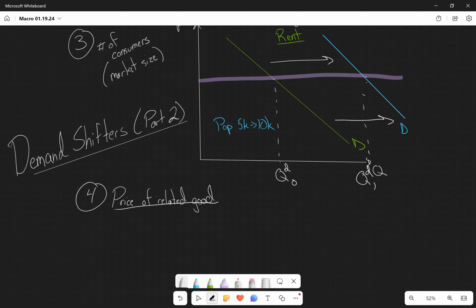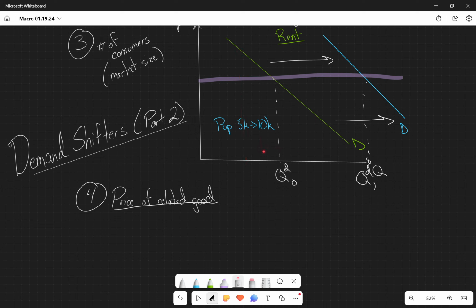So we left off in class on Wednesday talking about the shifters of demand. We know demand is this downward sloping curve here, right? It relates to consumers and how, if the price goes up, people are going to buy less of that good.